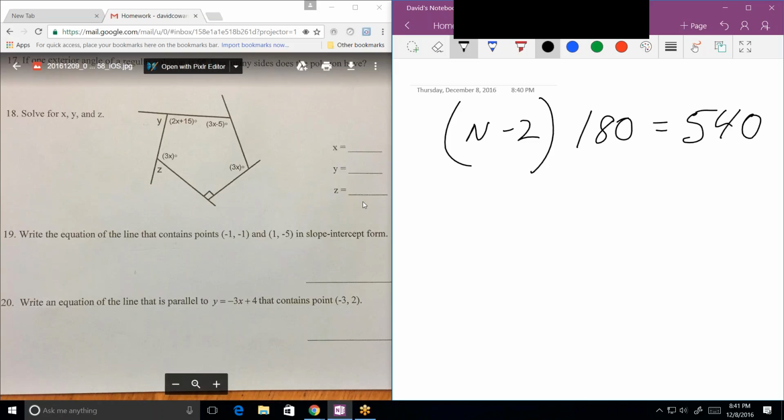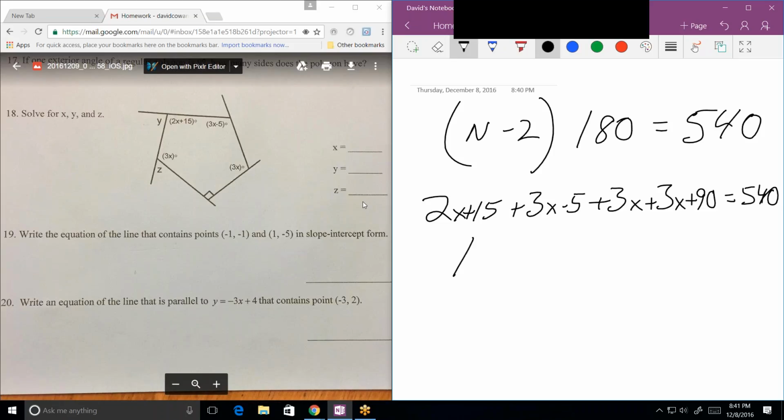2x plus 15 plus 3x minus 5 plus 3x plus 3x plus 90 equals 540. Perfect. Now how many X's do we have? We have 2, 5, 8, 11.